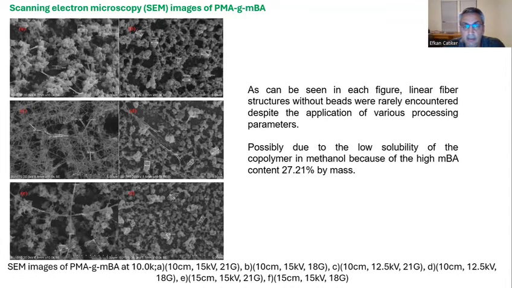We know that an increase in the amount of polyamide decreases the solubility of the graft copolymer in methanol. So we had to use dilute solutions of methanol for electrospinning, and that caused the failure of fabrication of nanofibers.